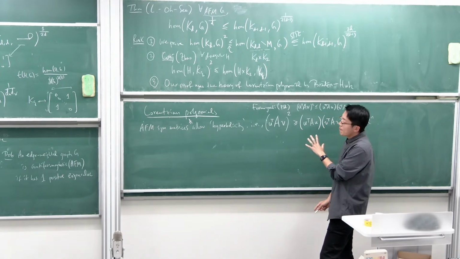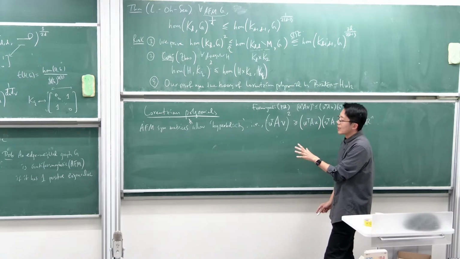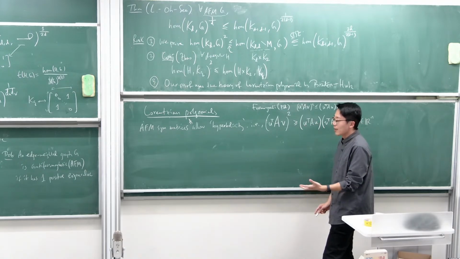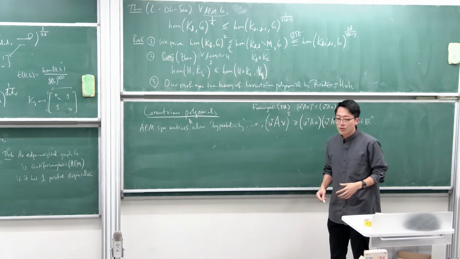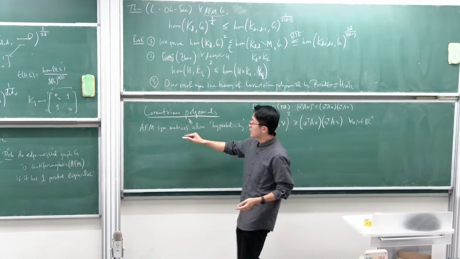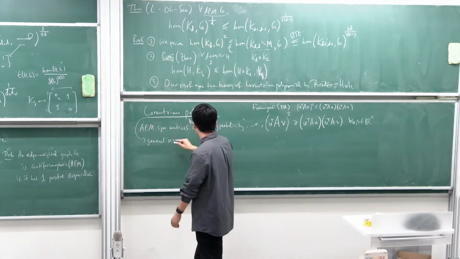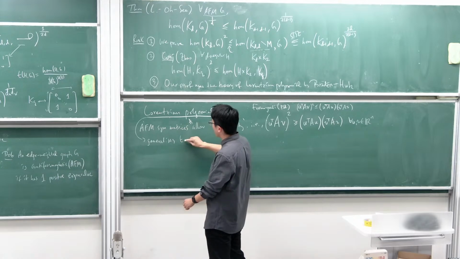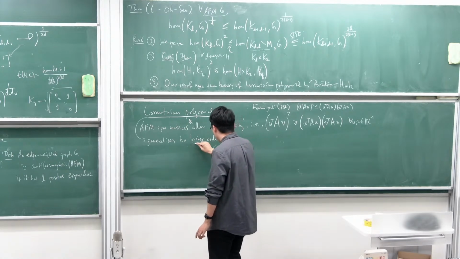And the theory of Lorentzian polynomials is to generalize this kind of inequality that comes from the eigenvalue to higher orders. So this actually generalizes this part to higher orders. What do I mean by higher orders?